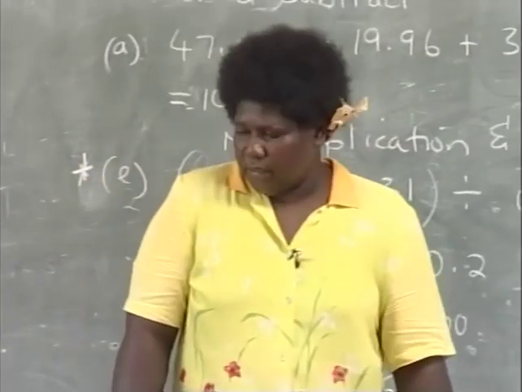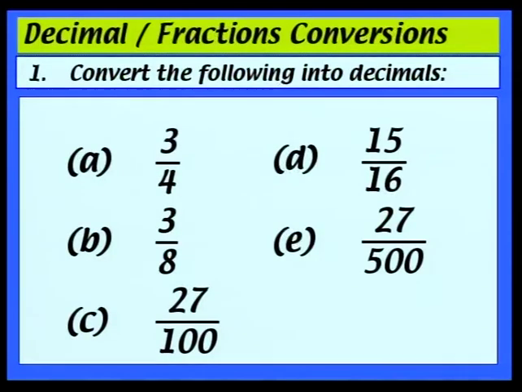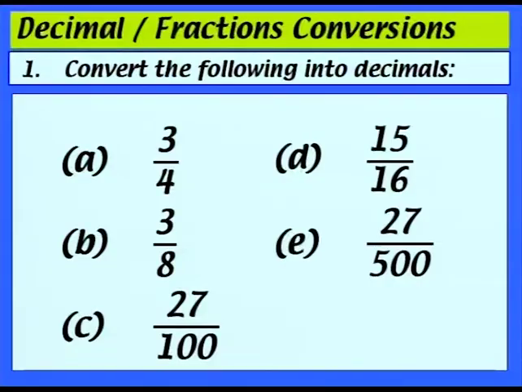Three quarters as a decimal. Danny? 0.75. 0.75 is correct. Tau? B. 3/8 as a decimal. 0.375. 0.375 is correct. Ponrele? C. 27 on 100. 0.27. 0.27 is correct.